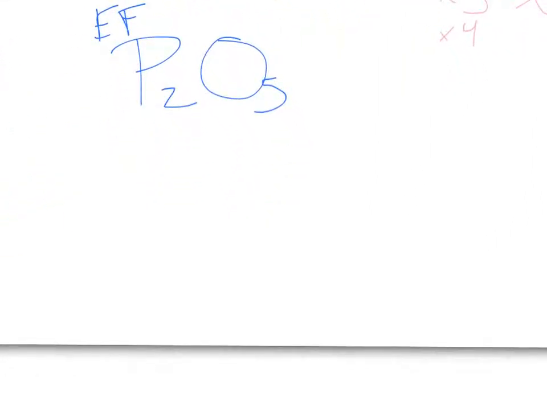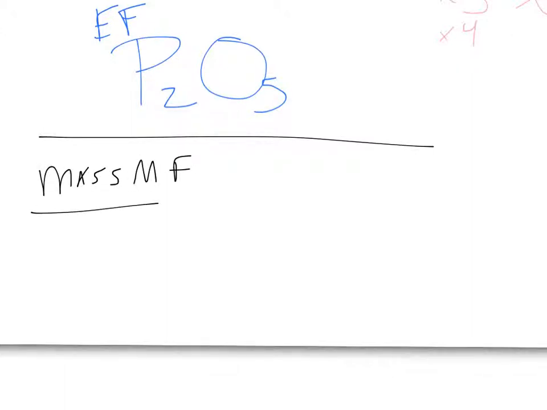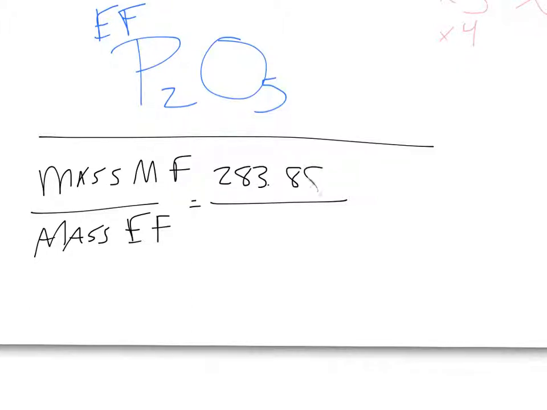Okay, and so now we need to do the molecular formula. Again, it's the mass of the MF, which is given, over the mass of the EF, which is solved. And I need to go back and solve that. The mass that is given in the problem is 283.88, and then the calculation of the mass of the empirical formula turned out to be 141.94 grams per mole, which is what I need to plug in for solved.